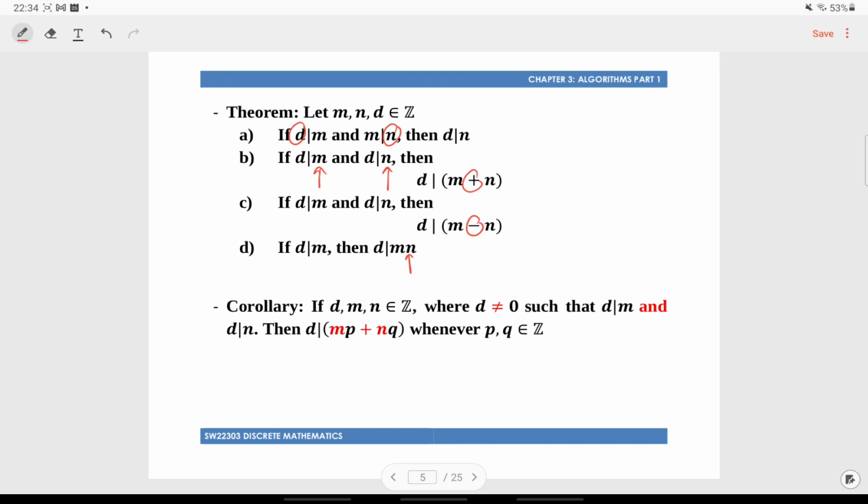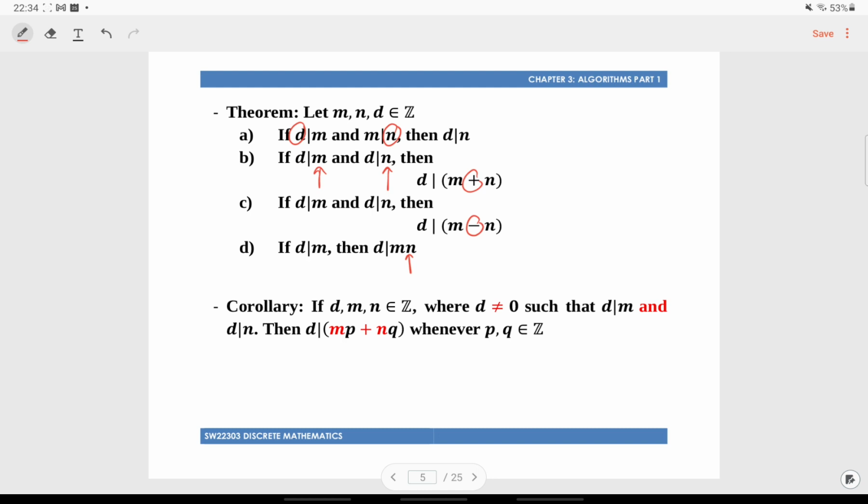We consider the following corollary. If d, m, and n are integers where d is not equal to 0, such that d divides m and d divides n, then d divides the multiples of both m and n.